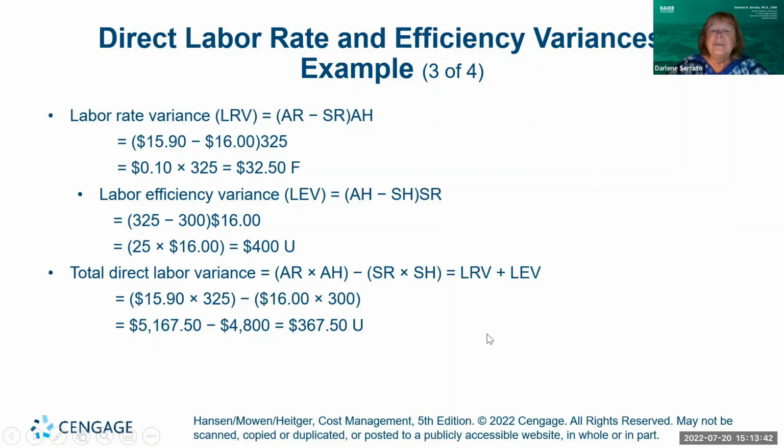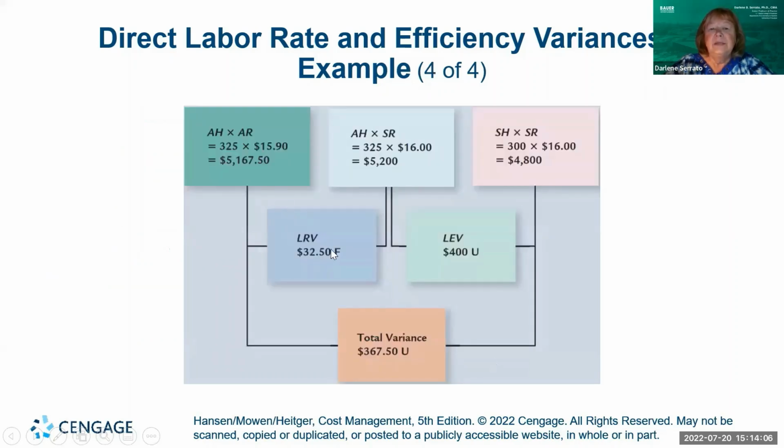So remember, sometimes there is nothing that the production department can do to make these variances better because of what is available supply-wise for both materials and your workers in the open market. So that would be an explanation. You might be asked in the multiple choice, what caused these two variances?